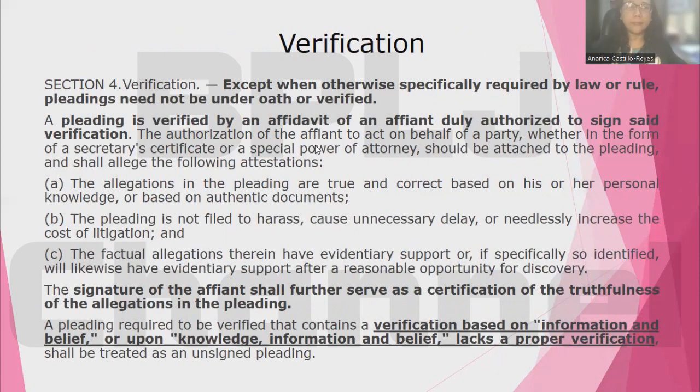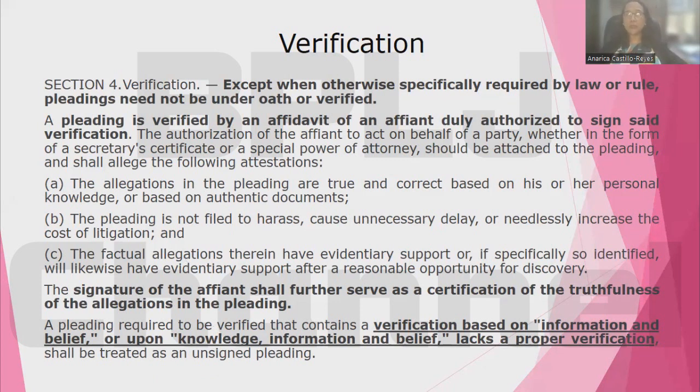Verification. Except when otherwise specifically required by law or rule, pleadings need not be under oath or verified. A pleading is verified by an affidavit of an affiant duly authorized to sign the said verification.